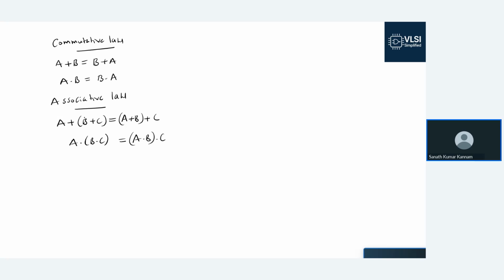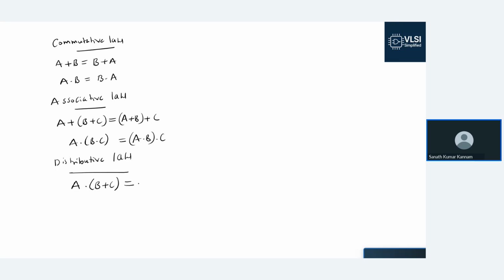Okay. And next distributive law. For distributive law, you can understand this is a difference. So that means A and (B or C) equal to what?